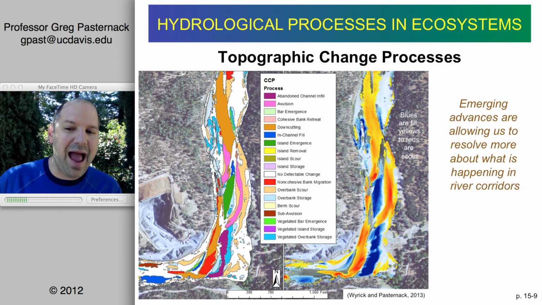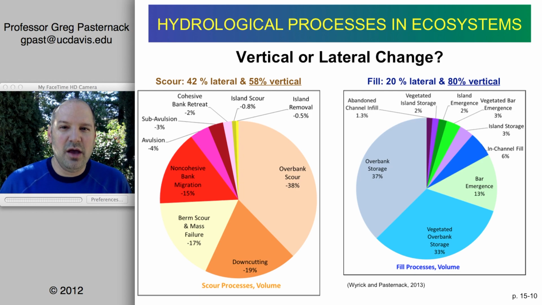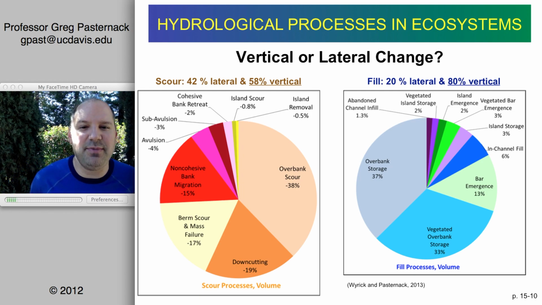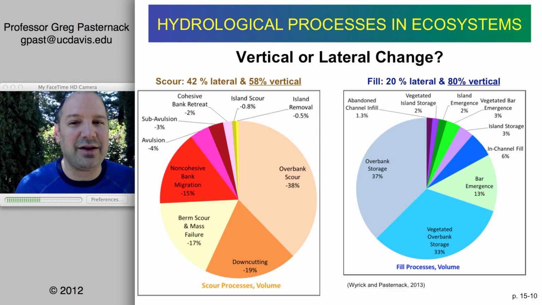On the left, you see a classification of that scour or fill according to the different processes. I'm not going to go into how we got this, but the important thing that you can see is how diverse change is in a river corridor when you look at it in detail. There are clear patterns and organization to how these processes have occurred. Another thing that's of interest to people who study floodplains is whether the processes by which they change are vertical or lateral.